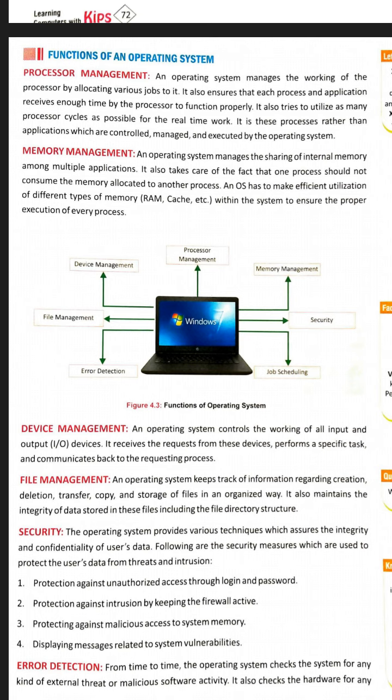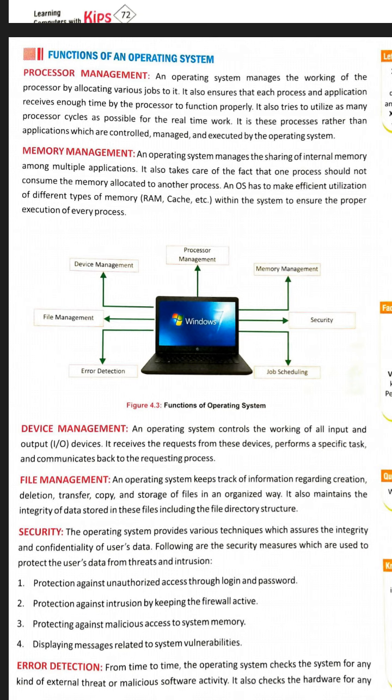Device management: different devices like the printer and input output devices are managed by the operating system. File management, like copy, transfer, and creation, everything is managed by the operating system.